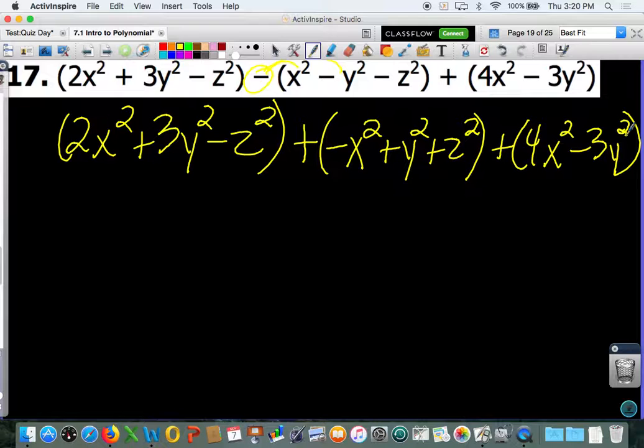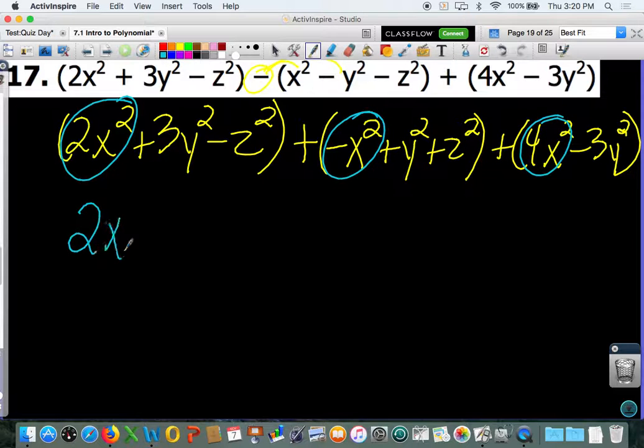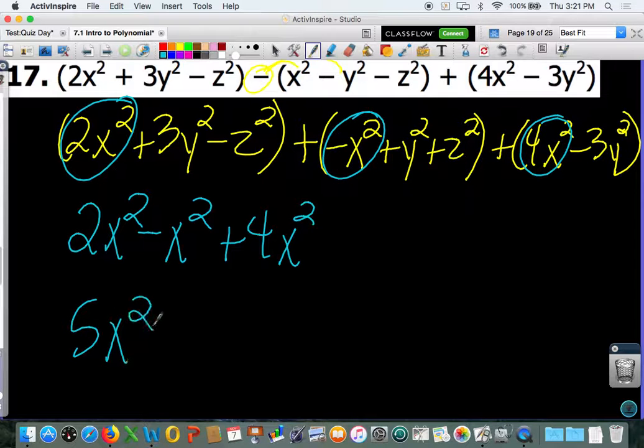Awesome. So I'm going to look at my like terms. I want to see how many x squared I have. I have 1x squared right here. Here's another one, and here's another one. So 2x squared minus x squared plus 4x squared gives me 5x squared.